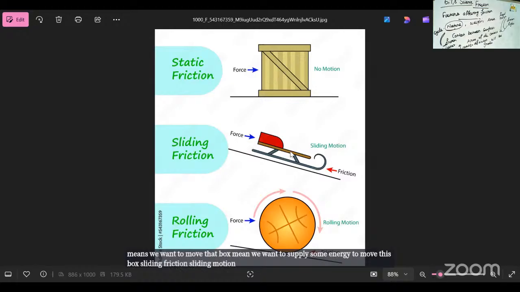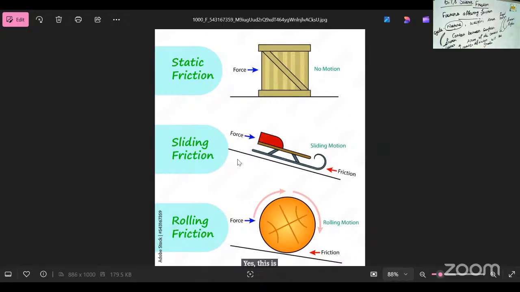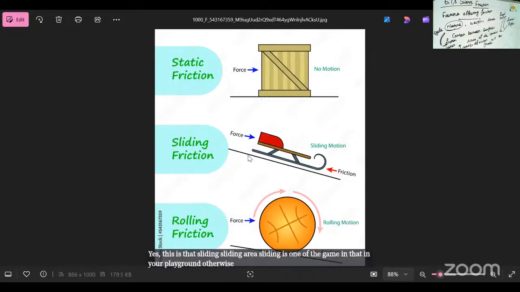Yes, this is the sliding area. Sliding is one of the games in your playground. Also, in hospitals, a sliding area helps to move patients from one floor to another, so moving from a higher place to a lower place is very easy.